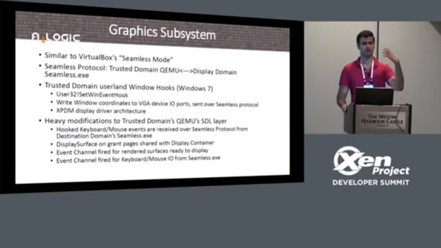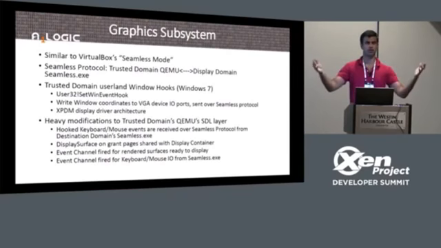In QEMU, you have a display surface that is rendered to, that's where the scan lines are drawn. So we do that on a large amount of grant pages, and we fire an event every time the rendering is completed.